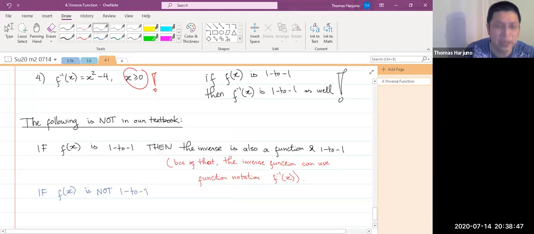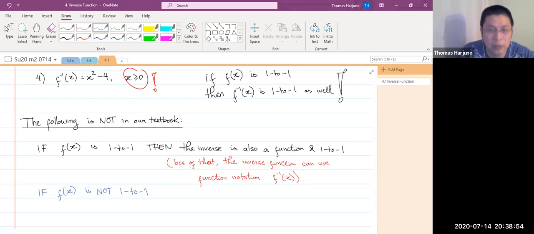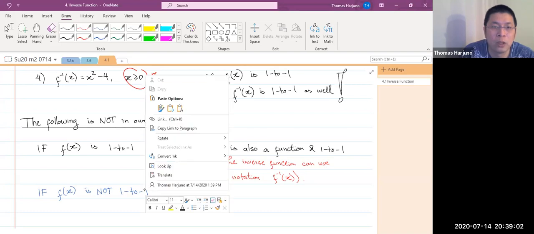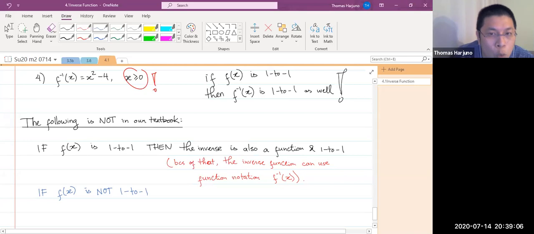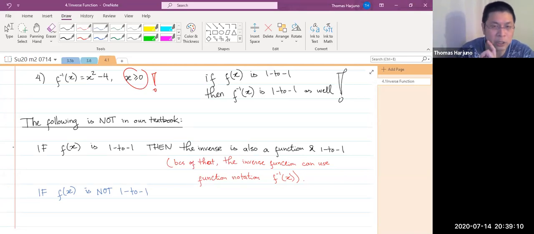Now, some people say, if the function is not 1-to-1, then there is no inverse function. That is true. If the function is not 1-to-1, then there is no inverse function. Okay? Now, the keyword is the following.